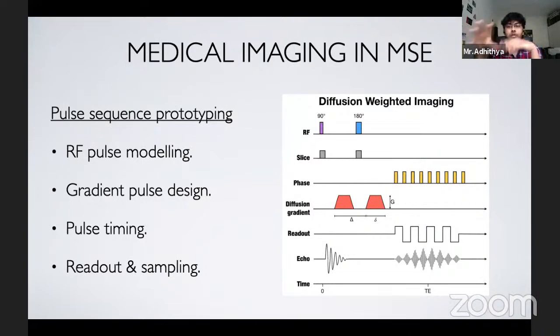That is the application of diffusion weighted imaging, and this is how a pulse sequence in general looks. To understand more, we would have to go much deeper into sequence prototyping and the physics behind it, but this is how a scheme of a pulse sequence looks.